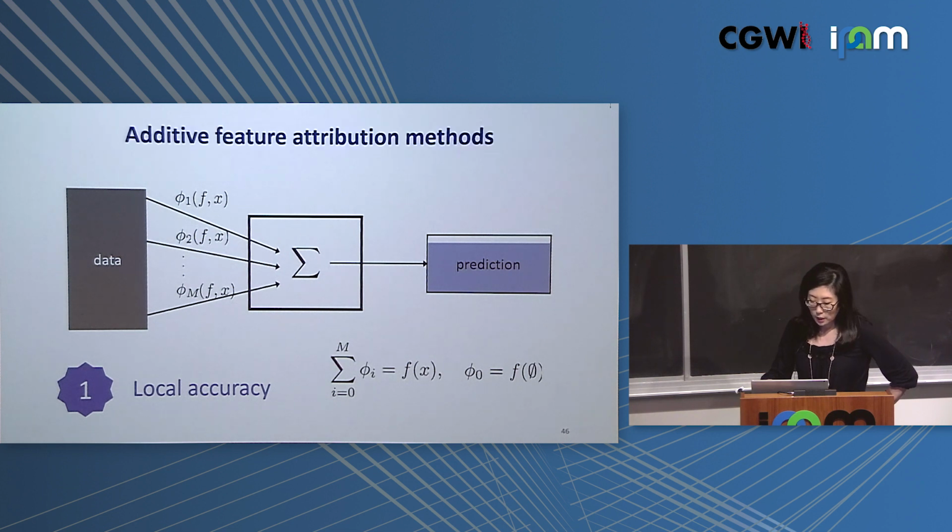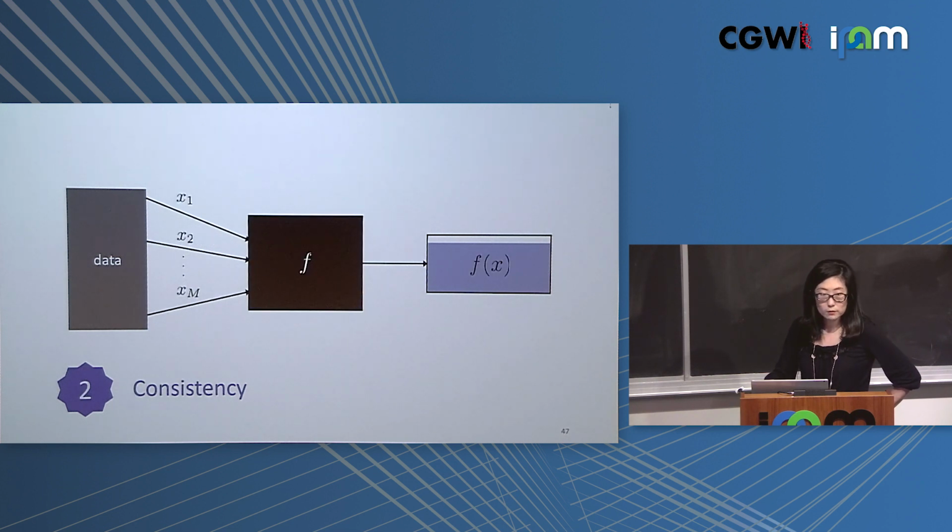And the second is a property we called consistency, which states that if toggling a feature in one model makes a larger difference than toggling the same feature in another model, notice the model changes, so you toggle this feature in model F, and then toggle it again in a different model F1, then the importance of the feature in the first model should be larger than in the second.